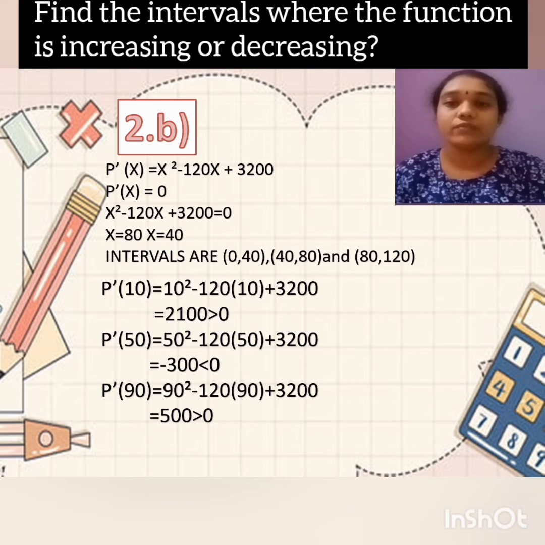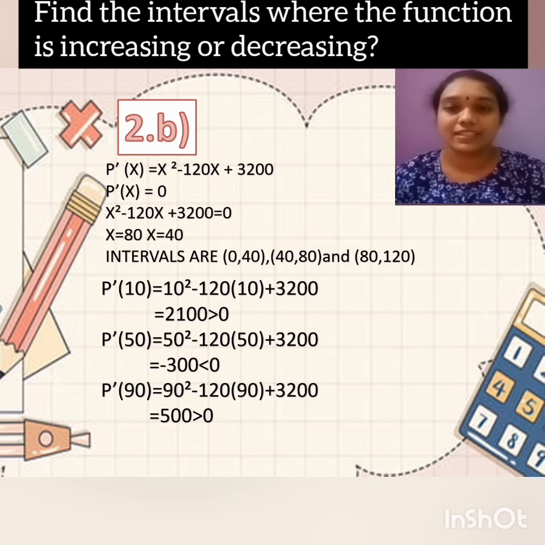For the interval 0 until 40, we use 10 as the testing number. We substitute into the P prime function, and the answer is 2100, which is bigger than 0. For the interval 40 until 80, we use 50 as the testing number, and the answer is negative 300, which is smaller than 0.